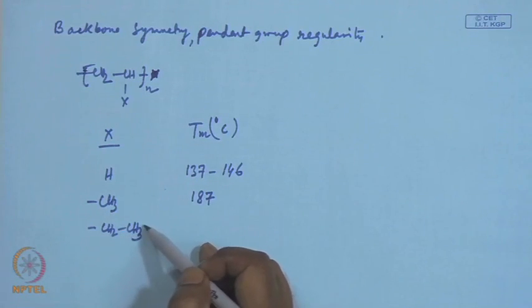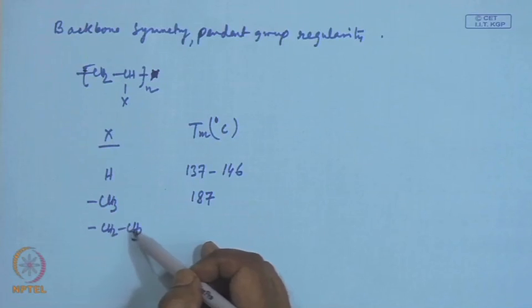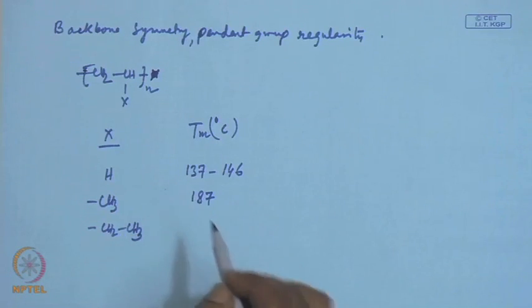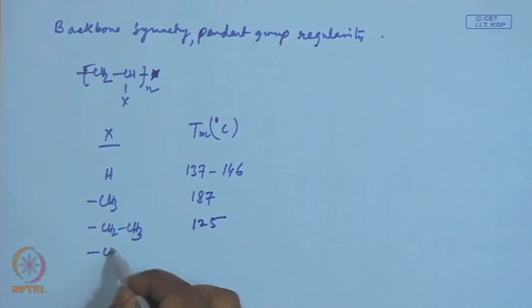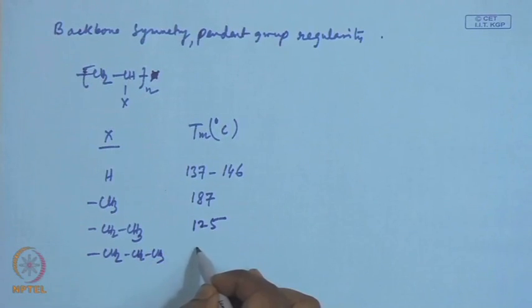So, if you increase the pendant group, it increases the free volume, hence the flexibility goes up, and as a result your Tm goes down. If you increase further, your Tm goes down further.